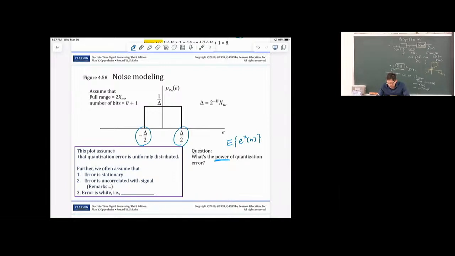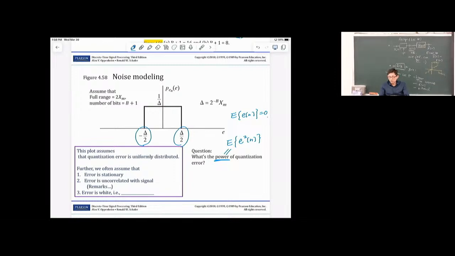We need to make one assumption, though: assume that our error is zero mean. The error could be positive, could be negative, it's pretty random. If we assume that the mean of the approximation error is 0, then when we say power, that means we calculate the expected value of E square. That is the way we define power.